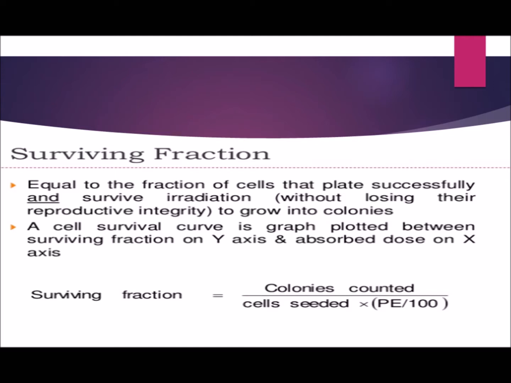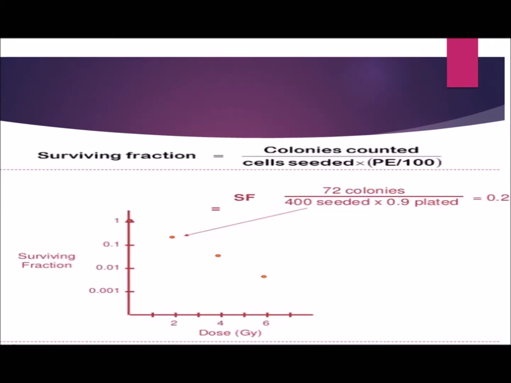Meaning, surviving fraction equals colonies counted divided by cells seeded times 100, or the percentage of the cells. In this picture, the cell survival curve graph is plotted.